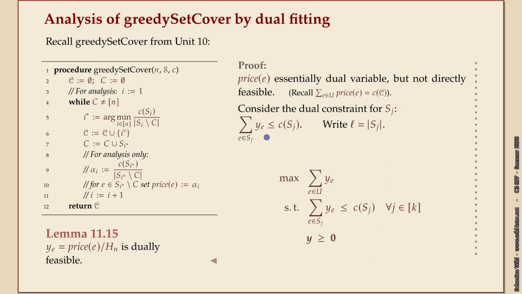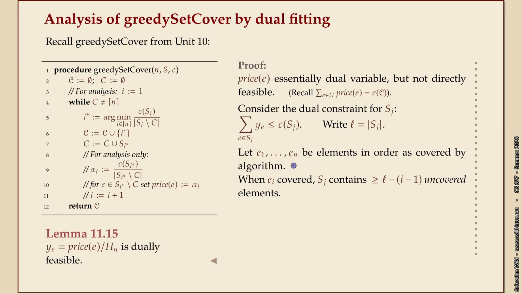The dual constraints are these: only take as much from the good up to the capacity. And now consider some specific set. We'll have to show that this satisfies all the constraints. So let's pick an arbitrary one. And if we show that that's satisfied, that's good enough. And let's say L is the number of elements in this set. So that sum has L terms.